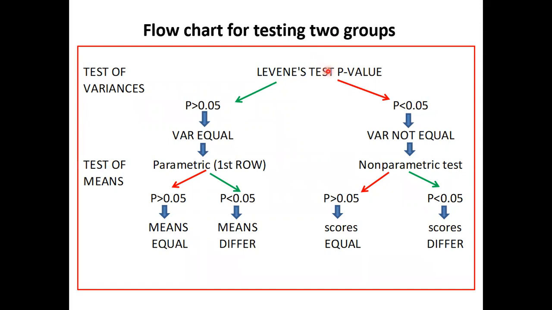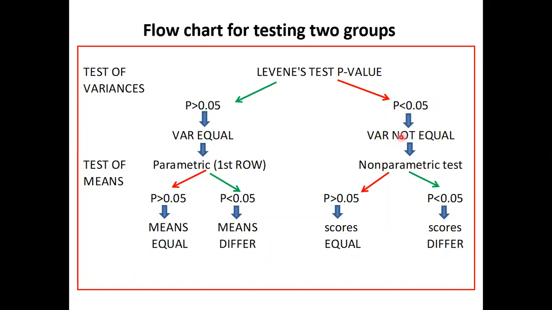In testing, the test is called Levene's test. It tests whether the variances are similar or different. Same principle, we use p-values. Is the p-value more than 0.05? Yes, the variances are equal. Is the p-value less than 0.05?